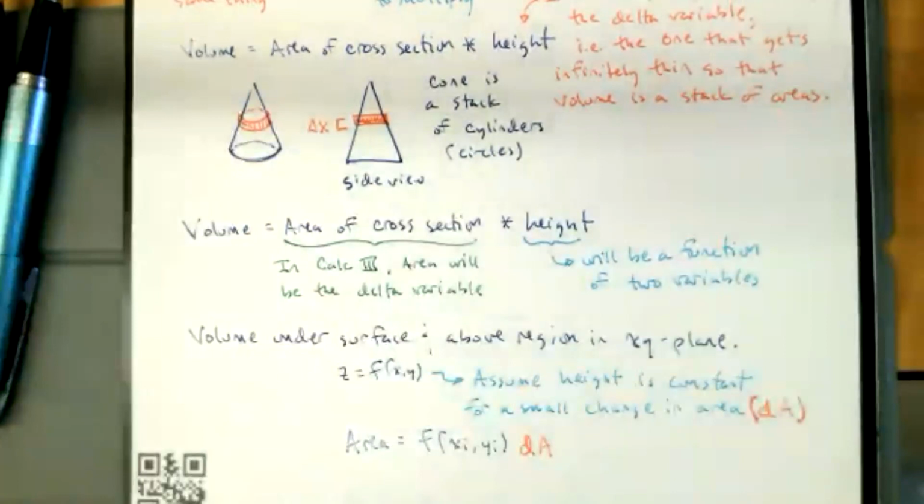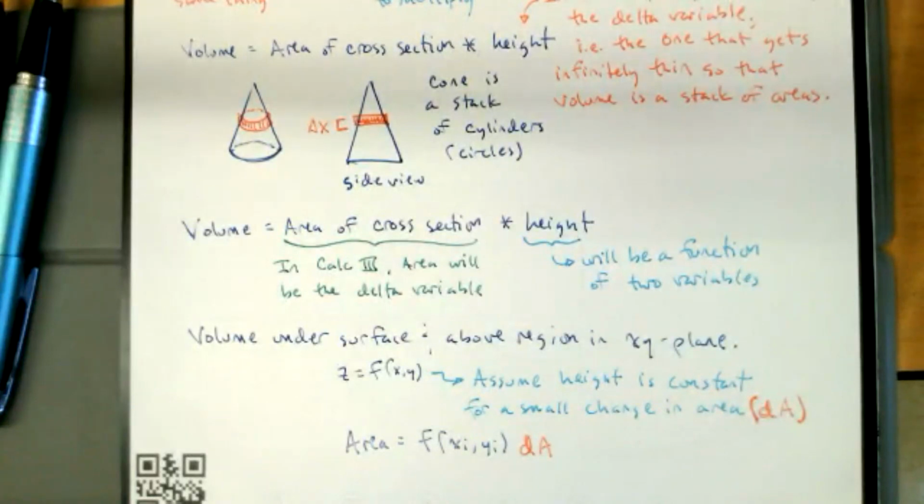So the volume of one rectangular solid is going to be f at xi, yi, the height above a certain point, multiplied by the area. Then we'll move on to a different area, recalculate the height, multiply, and that'll give us the volume. Add up all those volumes, then let the number of rectangles go to infinity, make the dA infinitely small.